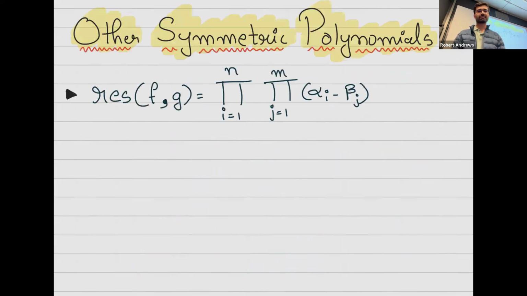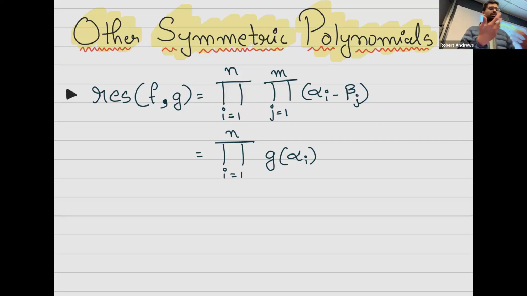Okay. So let me now talk about how GCD works. So we saw that the resultant is the product of g of alpha i. The theorem that I showed applies to all symmetric polynomials.